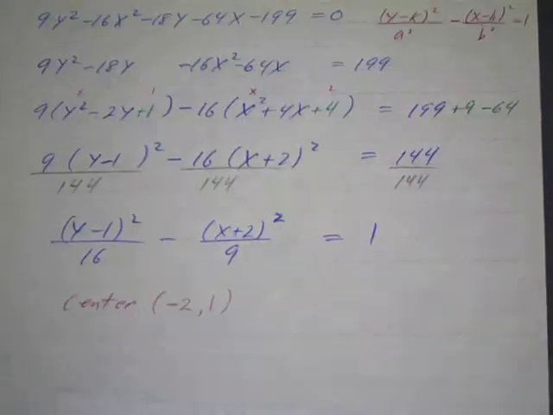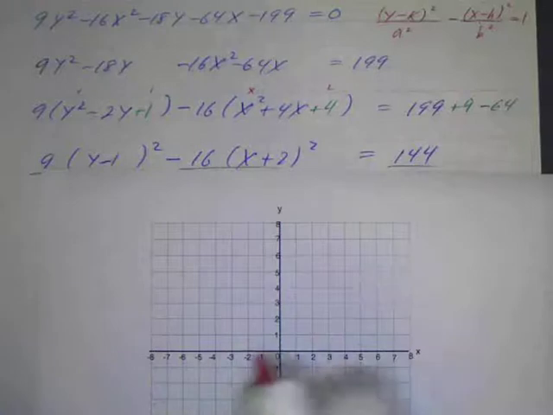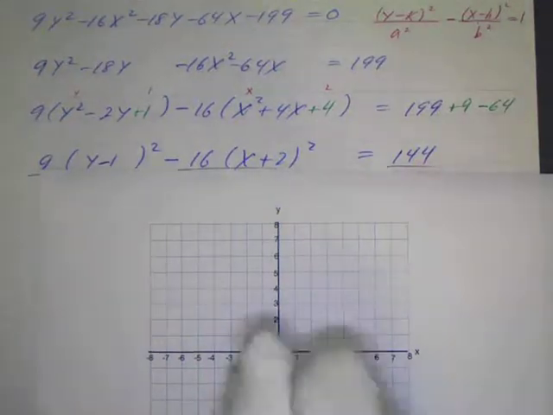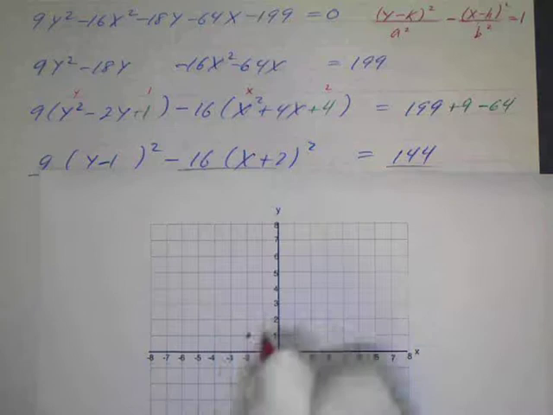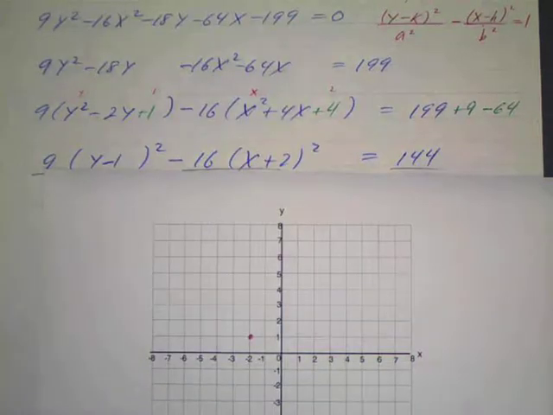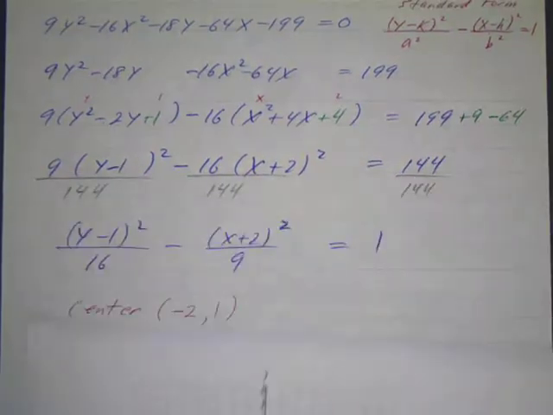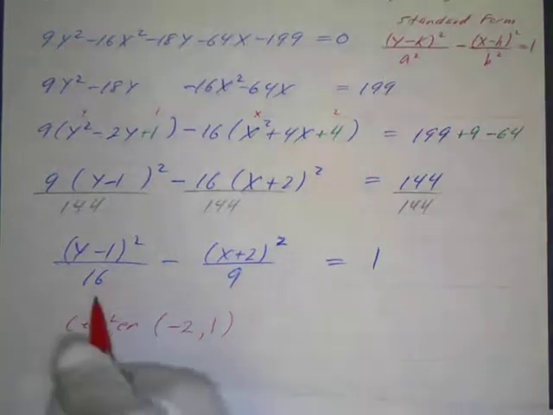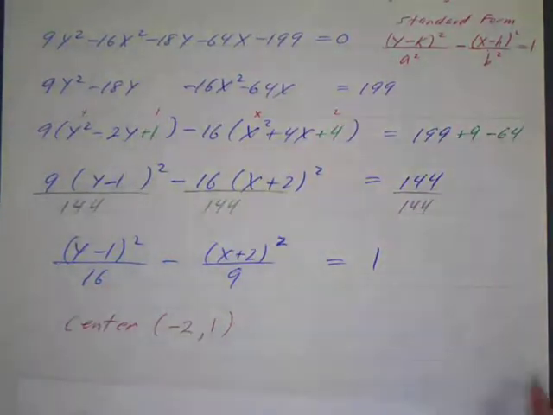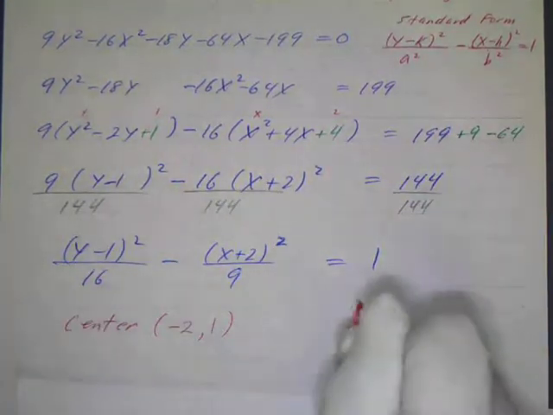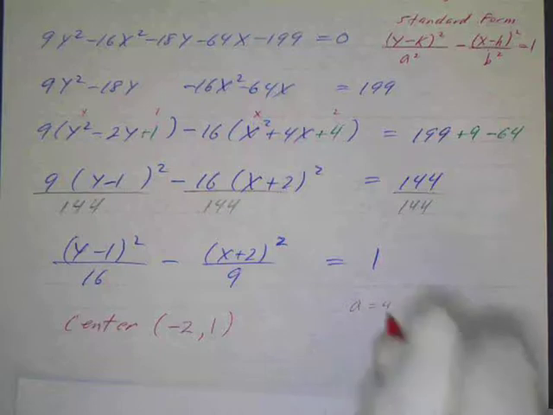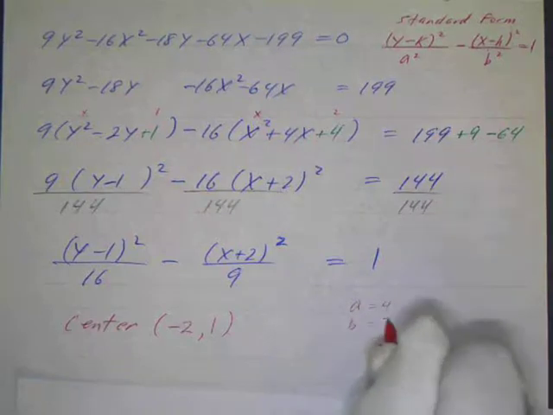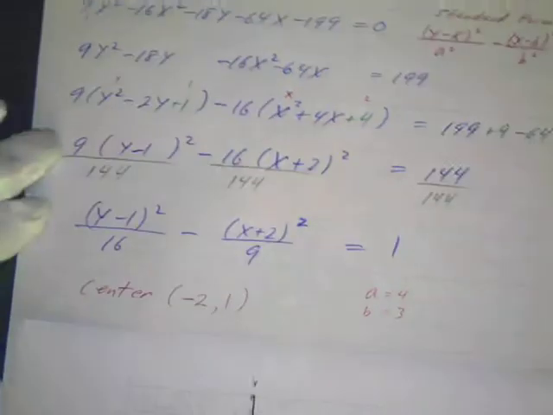So my center is going to be negative 2, 1. So there's my center. I guess I should write over here that A is going to be 4 and B equals 3. And those are the distances I go from the center.